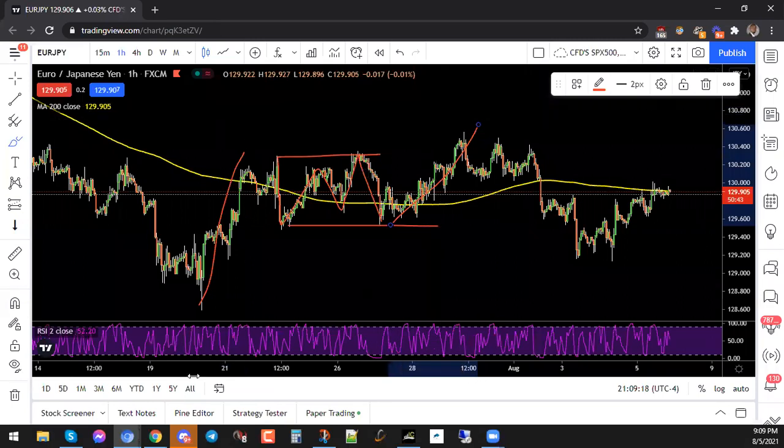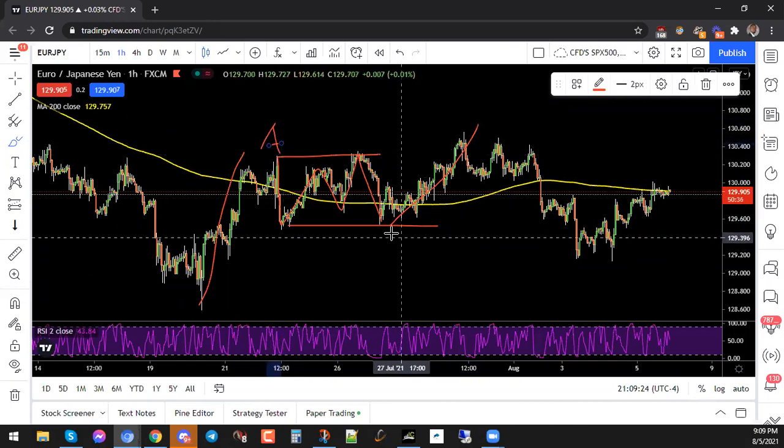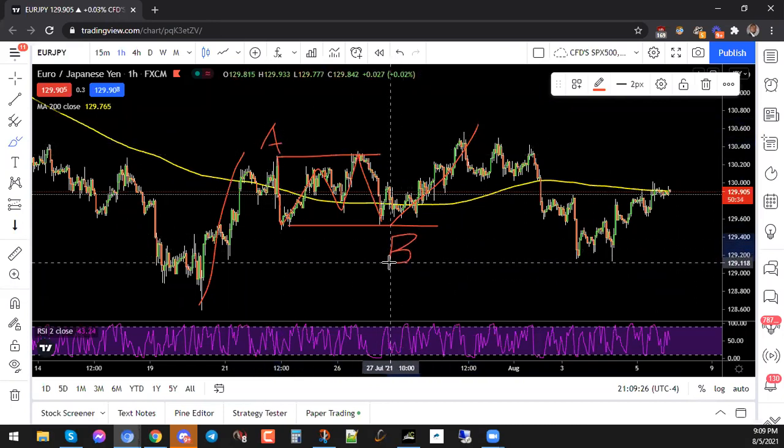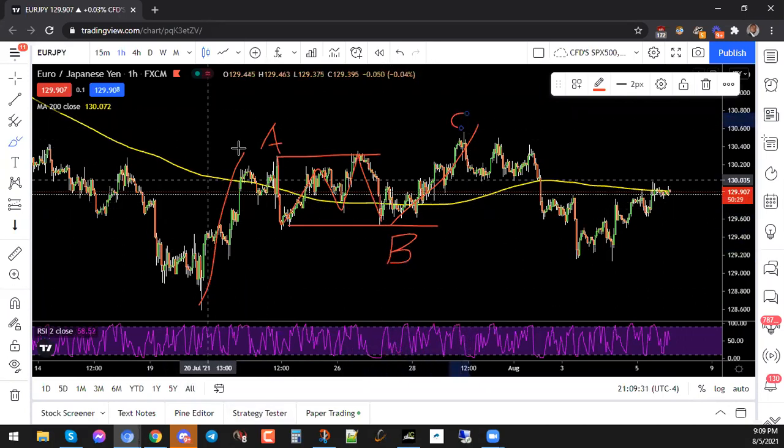I can look at this and say this is potentially A, and this would be B, and this would be my C wave. Okay, so this is A, B, C, right? So we've already identified 2 patterns to create 1.